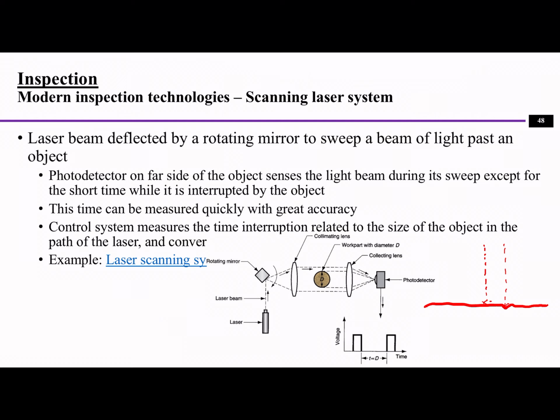This is the logic of how they measure if there's a defect on the surface. Suppose this surface is supposed to be smooth and flat, but there is a hole here. Then you can easily tell there's a defect. So basically this is how it uses laser light to inspect the parts.